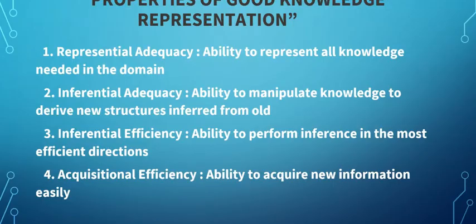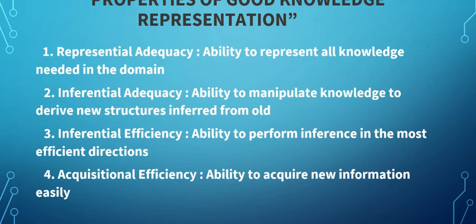Properties of good knowledge representation. Representational adequacy: ability to represent all knowledge needed in the domain. Inferential adequacy: ability to manipulate knowledge to derive new structures inferred from old. So, it has the ability to create more options using the old structures that were given, or let's say the basics.